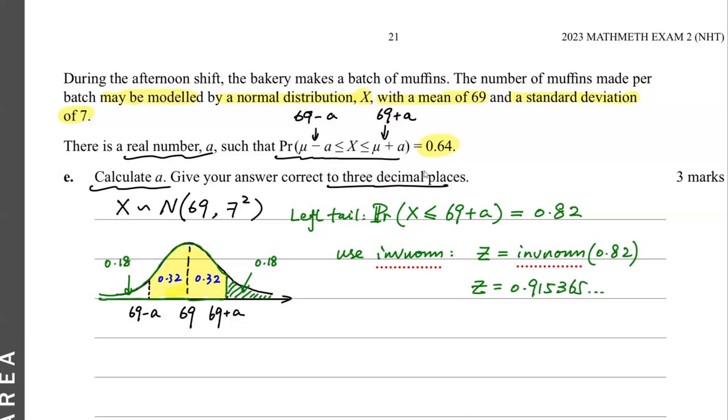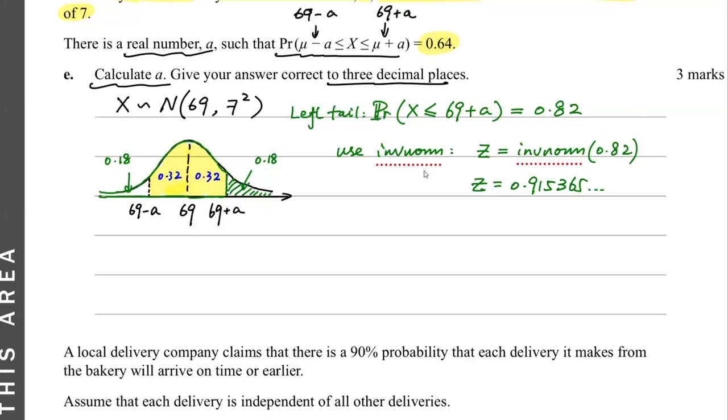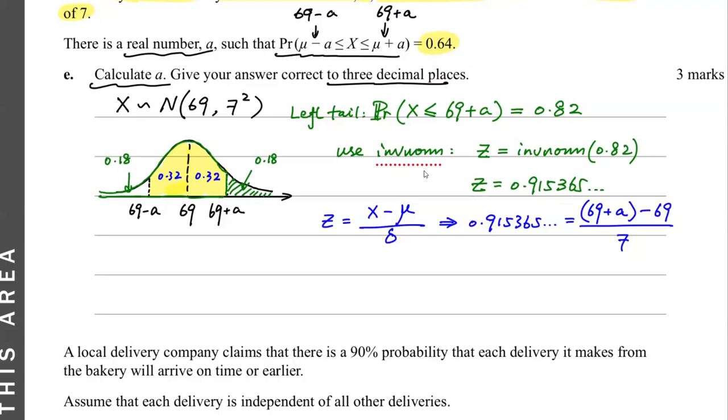All right, remember, there is a formula linking the mean value, standard deviation, X value, and Z score. That is Z equals X minus mu divided by sigma. So we have 0.915365 equals 69 plus A, that is the X value, subtracting 69, dividing by the standard deviation. And we can get our CAS calculator to do the job for us.